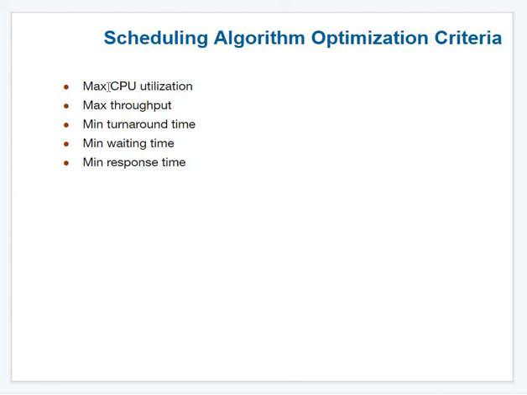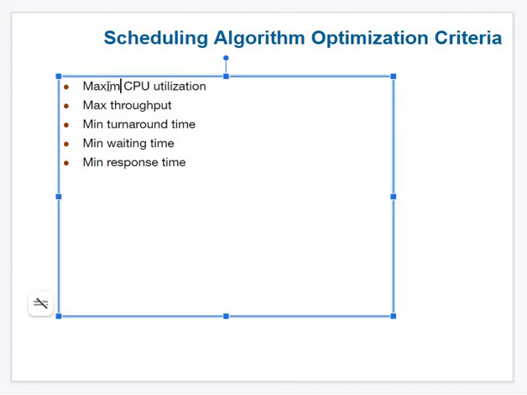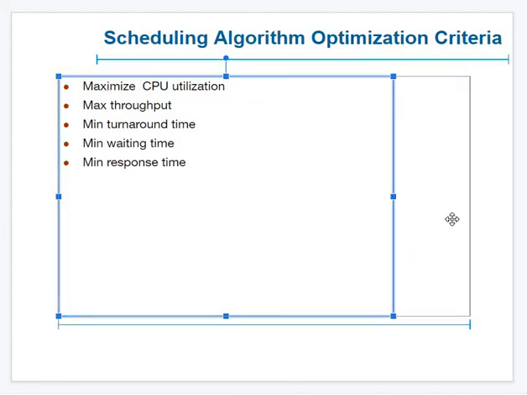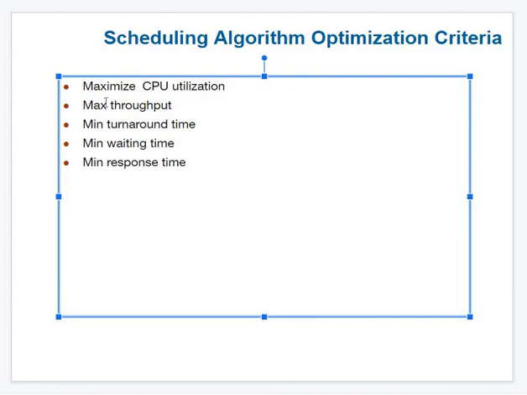We have to try to maximize CPU utilization and maximize throughput. Then try to make minimum turnaround time, minimum waiting time, and minimum response time.